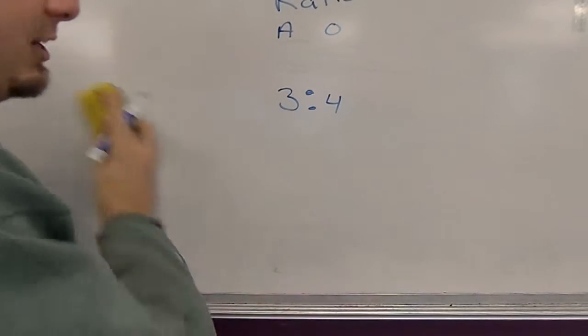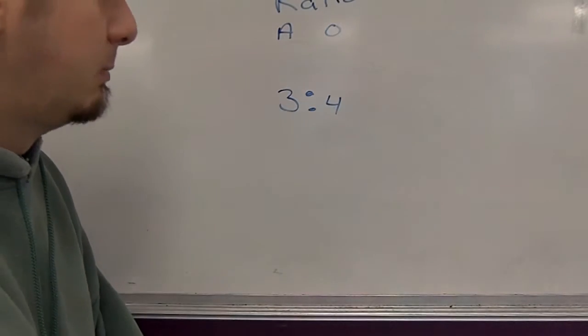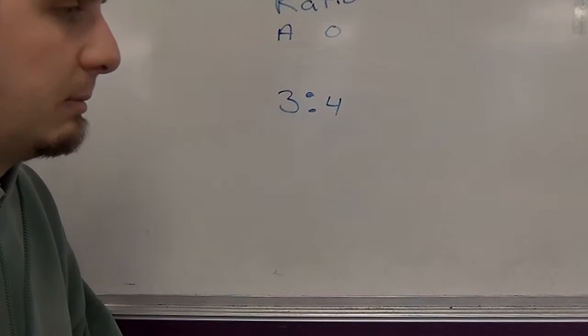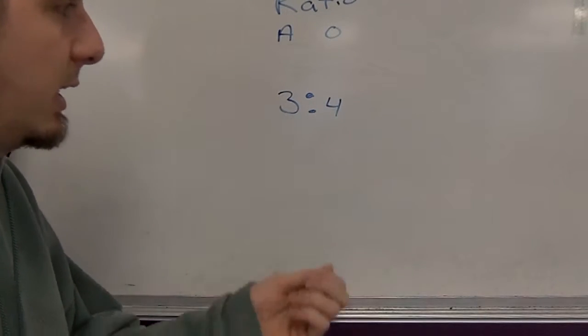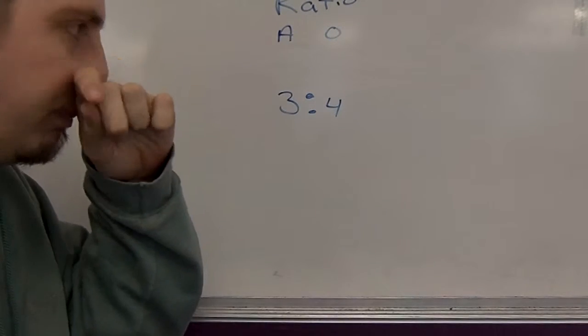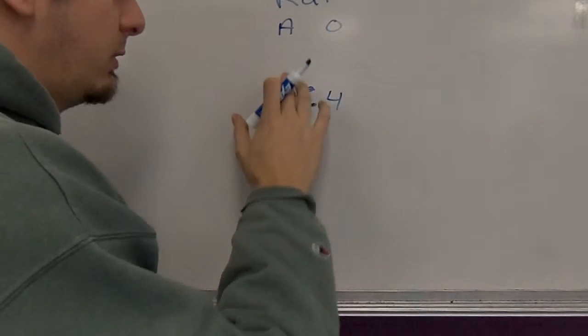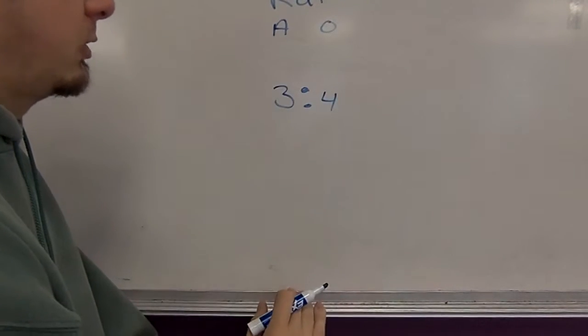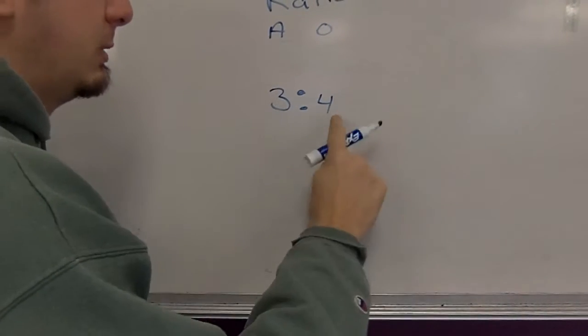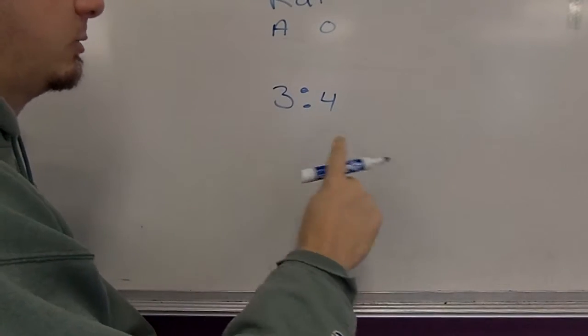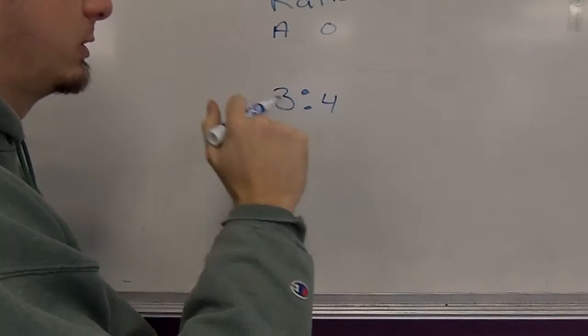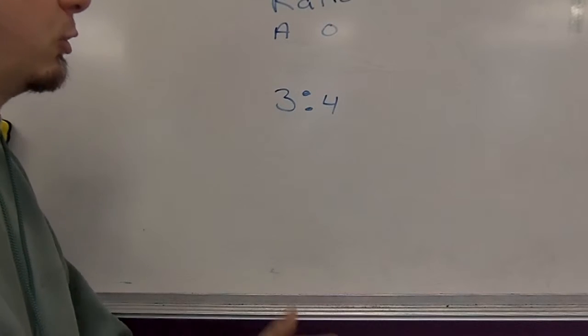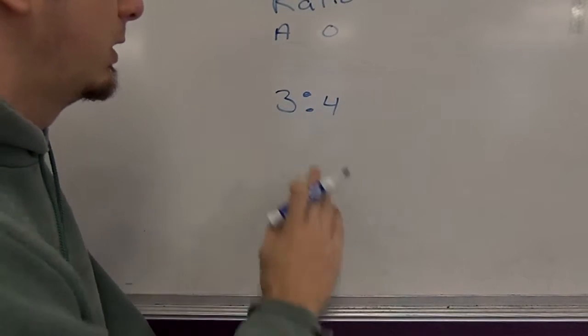So I don't actually have 3 times as many, or 2 times as many, or 5 times as many of something. I actually have, for every 3 apples, 4 oranges. So I actually have 4/3 as many oranges as I do apples, or I have 3/4 as many apples as I do oranges. So there are two ways to look at this ratio.